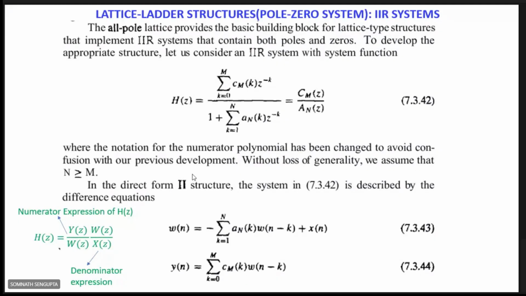So it consists of both a numerator polynomial and a denominator polynomial. You can see it is written that the numerator polynomial is the sum of Cm k z to the power minus k, and the denominator polynomial is 1 plus the sum from k equal to 1 to n of an k z to the power minus k. So it is called CM(z) divided by AN(z).